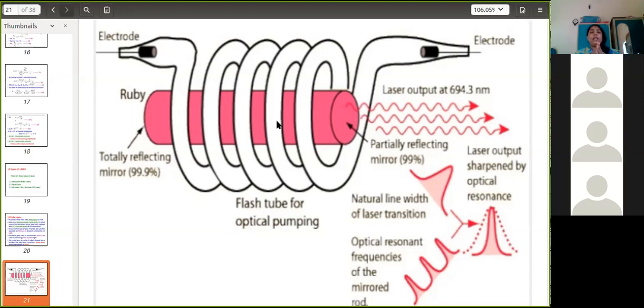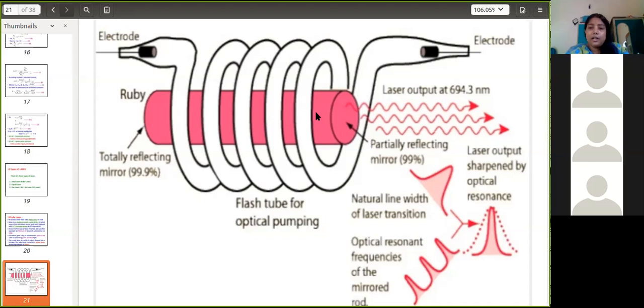First we need a laser active medium. तो जिस मीडियम में और जिस मीडियम के ट्रांजिशन की वजह से हमें लेजर लाइट मिलता है, तो दैट मीडियम इज नोन एज द लेजर एक्टिव मीडियम. In this case it is the ruby rod, or you can say it will be the chromium ions of the ruby rod की वजह से हमें लाइट मिलता है. Then we have to give some amount of energy from outside, which is the pumping mechanism.